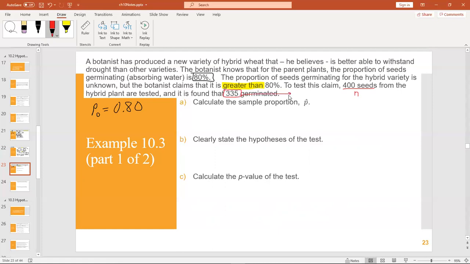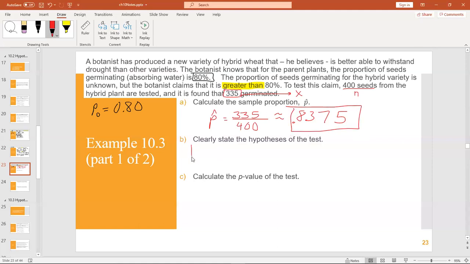So that is your X. So P hat is going to be X over N, 335 over 400. Let's find out what that is. That's 0.8375. So that's P hat.